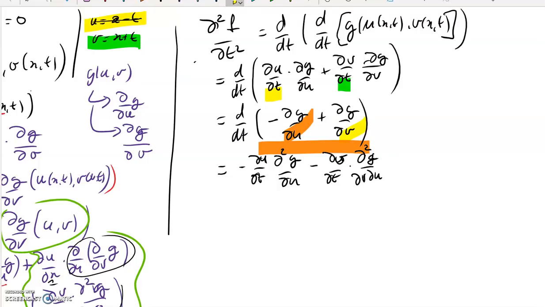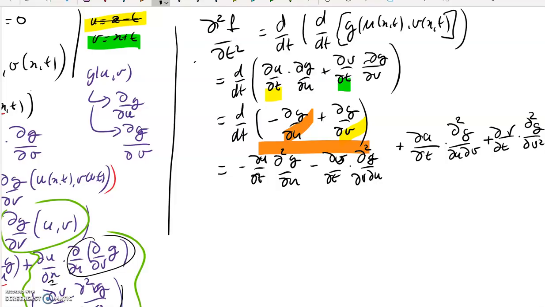So this one, it's giving me, okay, plus d2u over dt times d2g over du dv plus, sorry, there shouldn't be a square here, but there was a u, plus dv over dt times d2g over dv squared, right?